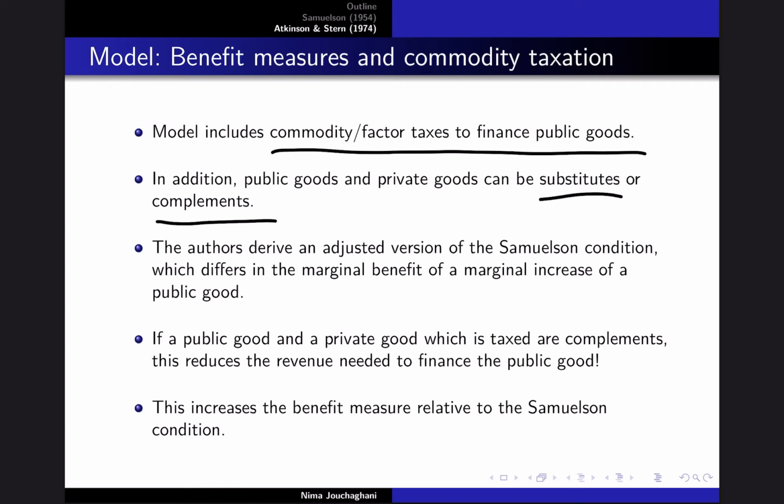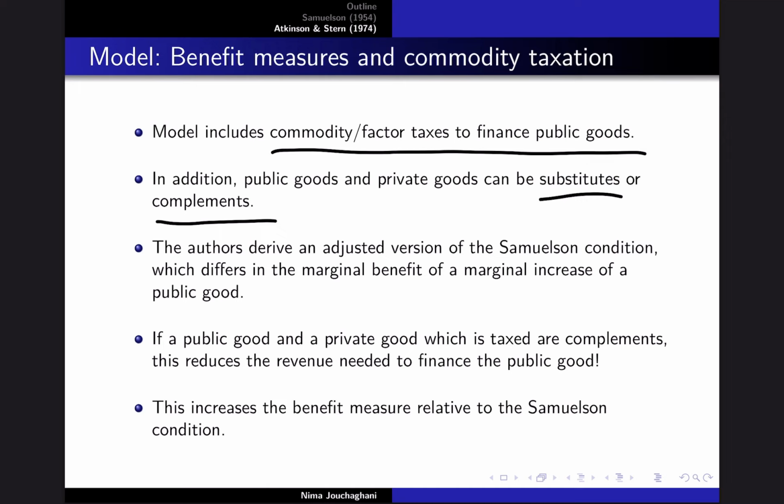In this case, the public good highway and the private good car are complements, because the more and the better highways you have, the more it increases the demand for cars. And at the same time, if there are a lot of people using cars, you could imagine there is an incentive to build better highways or more highways. So this is one example of how a public good and a private good can be complements.